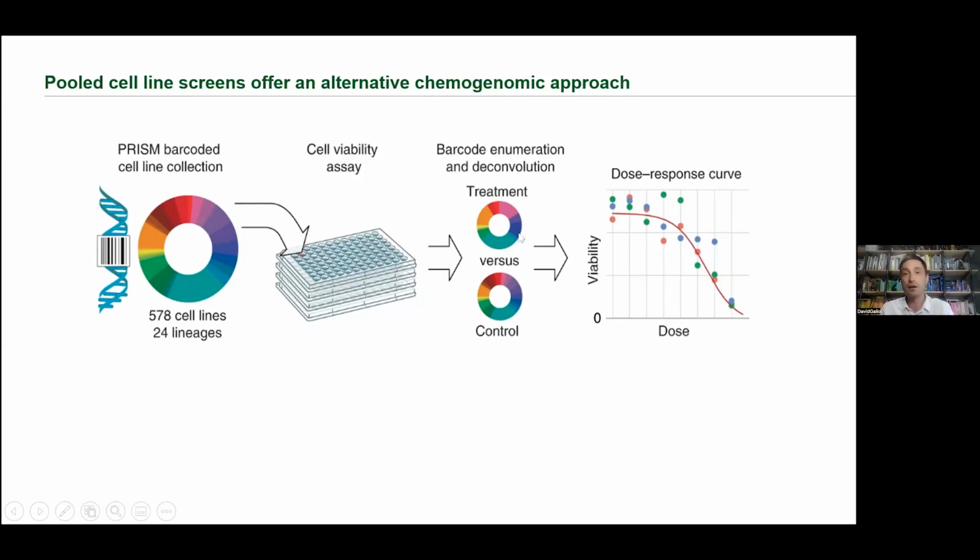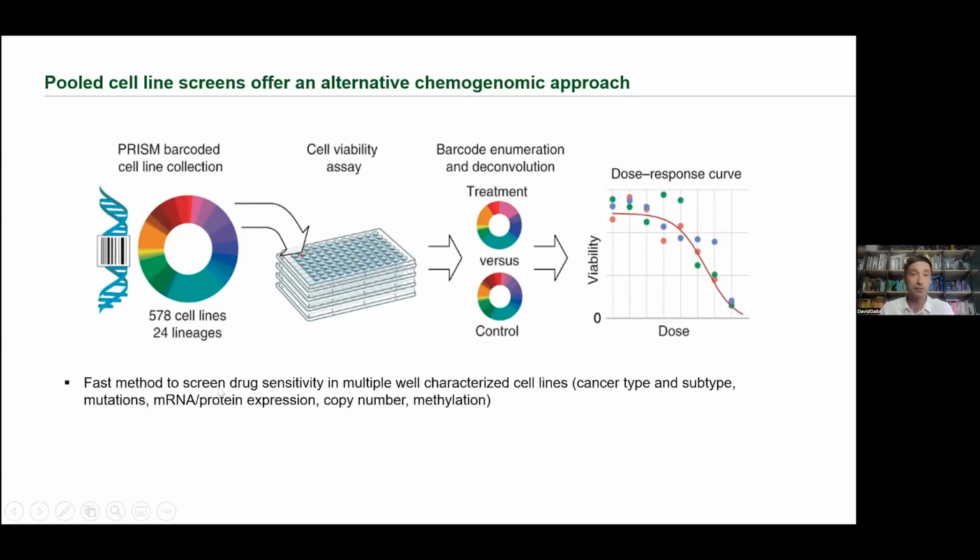From there, you can get an idea of which cancer cell lines in these panels drop out when you have your drug on board. So this offers a nice, fast method to screen for drug sensitivity in multiple well-characterized cell lines: subtype, mutations, mRNA and protein expression levels, copy number, methylation status.